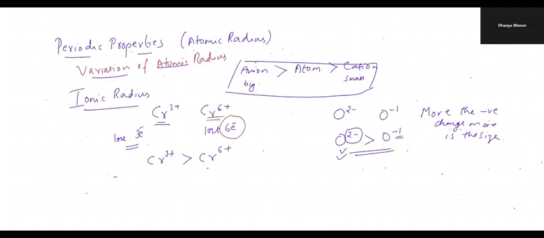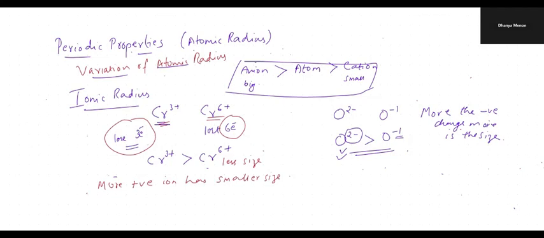If it has lost 6 electrons, that means the attraction of the positive nucleus on the rest of the electrons is more. So definitely the size will be less. In the other case, chromium 3 plus has lost only 3 electrons. So comparatively, who will be smaller? Chromium 6 plus will be smaller than chromium 3 plus. Just write down as a small note, more positive ion has smaller size. Just the opposite of that negative sign.